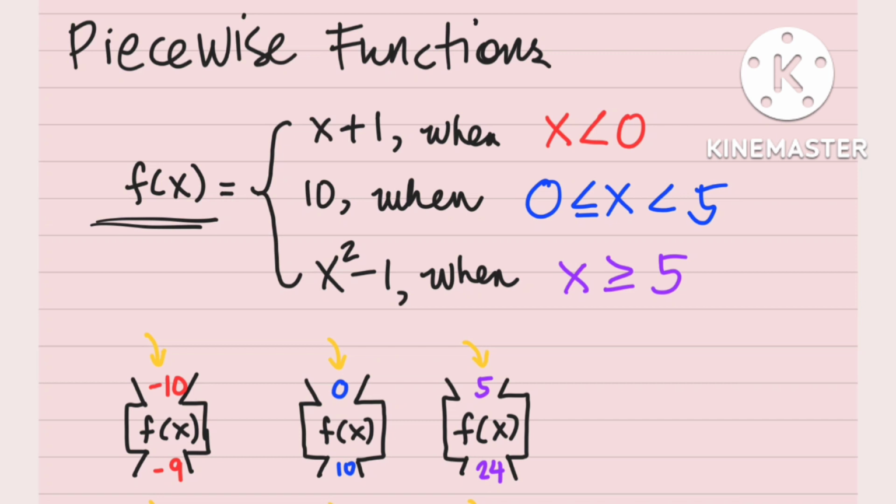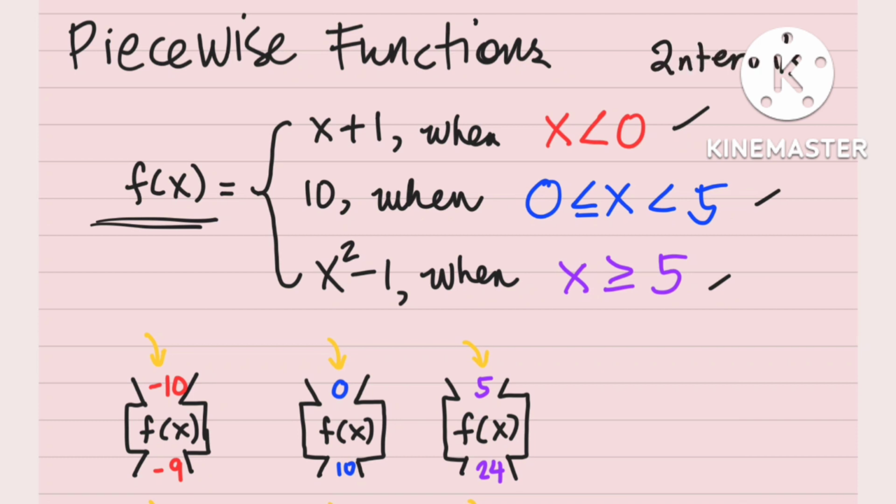We call it piecewise because its graph is like a combination of pieces of graphs of different functions. So this is a language that you have to understand. Now, take note that when our function is piecewise, our number line is divided into intervals.